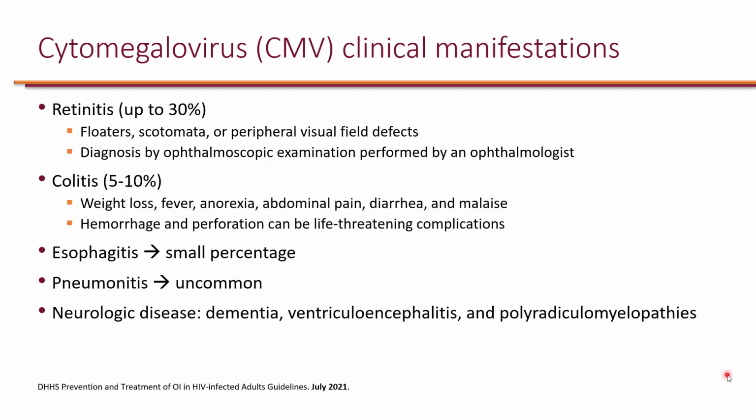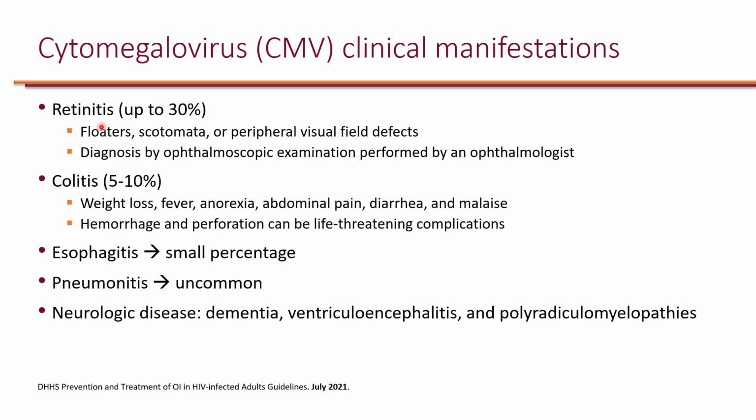Now, what exactly is CMV disease? CMV can cause retinitis in the eyes. It can cause colitis in the GI tract, esophagitis also in the GI tract, and pneumonitis and neurologic disease. The most common in individuals with HIV is retinitis, and this is really up to 30% in individuals not receiving ART.